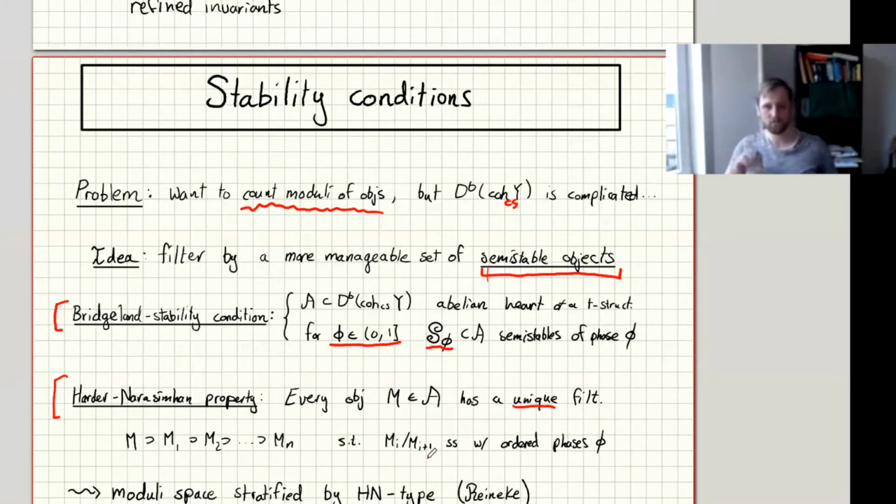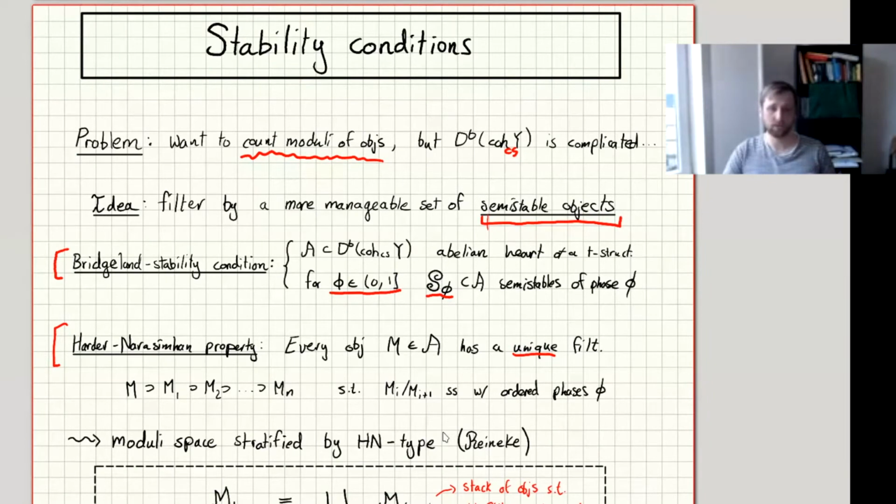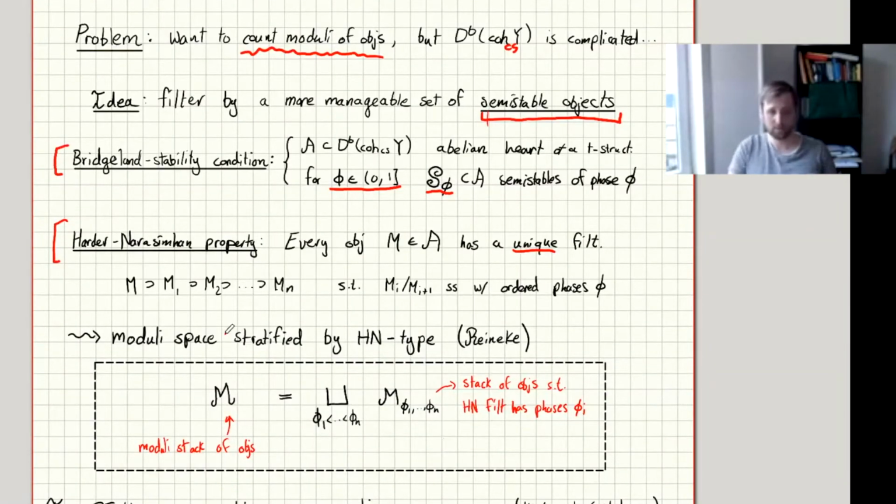So you can decide for every object what type of phases occur in its filtration, and then this gives you some sort of constructible decomposition of your moduli space. Right, and so that breaks down the problem immensely. Yeah, so that's this formula, I guess.